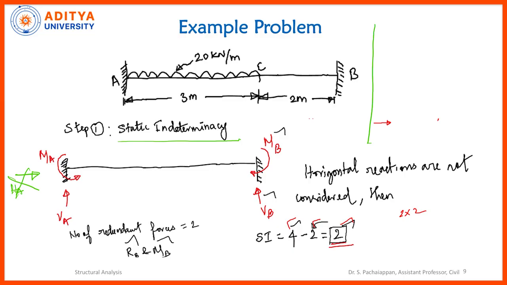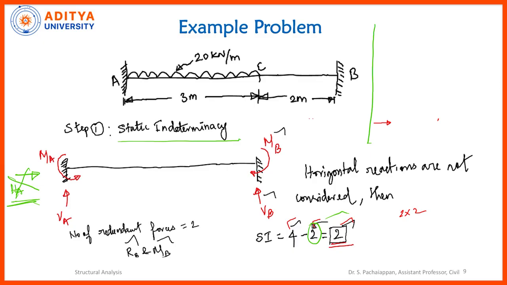We may be worrying about the horizontal forces in the analysis of portal frames and trusses, but it is not about the beam. If I am not considering the horizontal reaction, then the number of equilibrium equations is also reduced from 3 to 2.